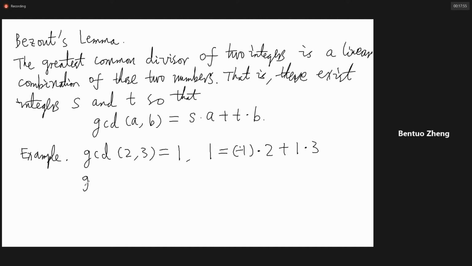And if you look at the greatest common divisor of 9 and 24, it is equal to 3. How do we write 3 as a linear combination of 9 and 24? We have 3 times 9 plus -1 times 24.